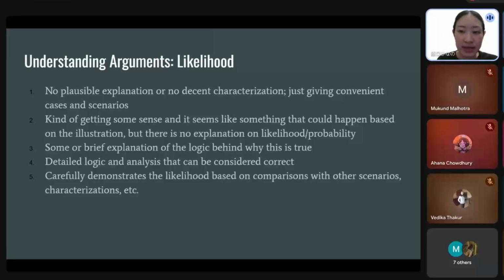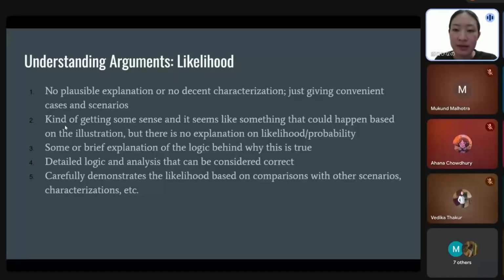This doesn't explain how likely this is, what kind of explanation parents made, why parents are likely to teach conservative values to the children, etc. So there is no plausible explanation, and it's unclear how likely this scenario is to happen.